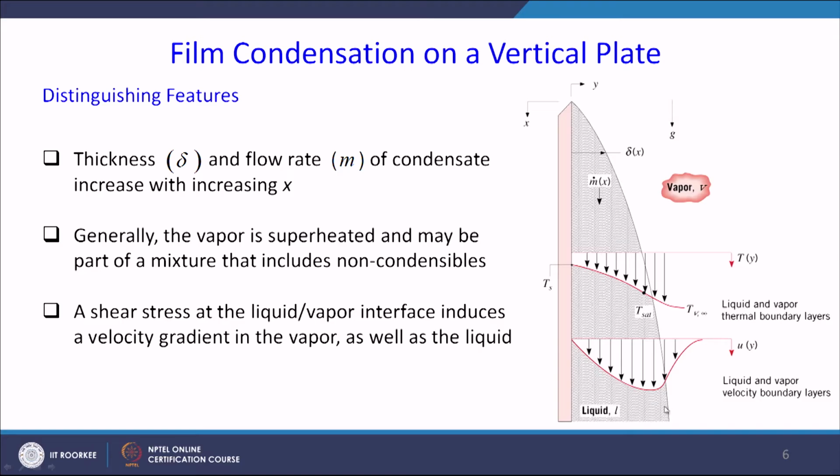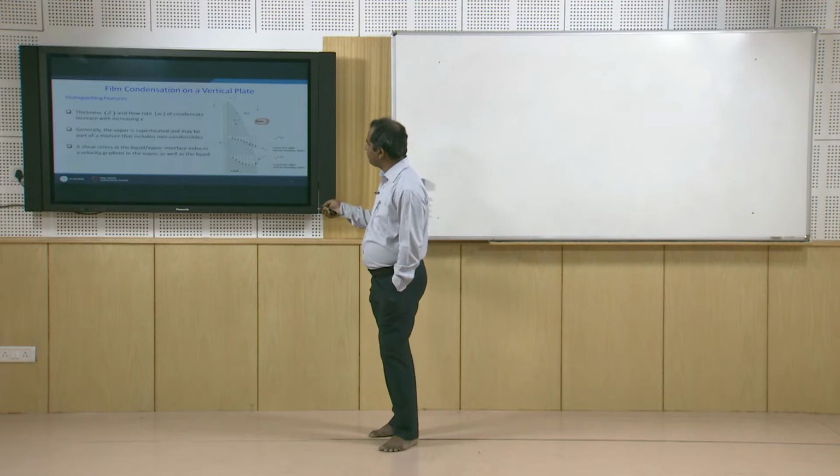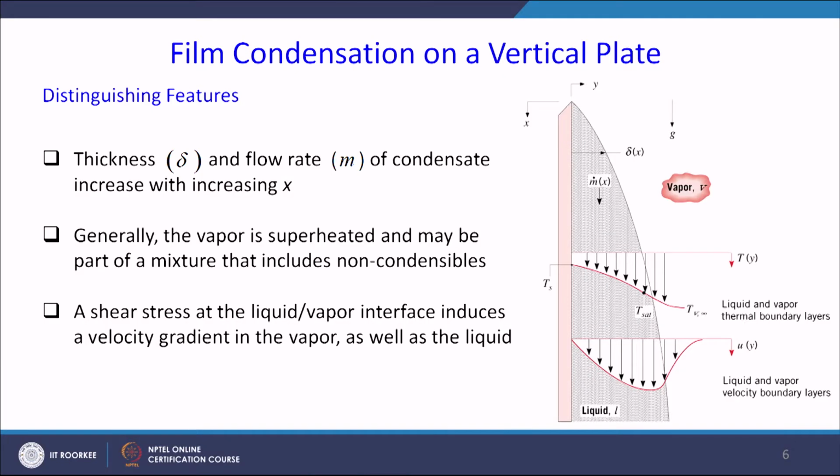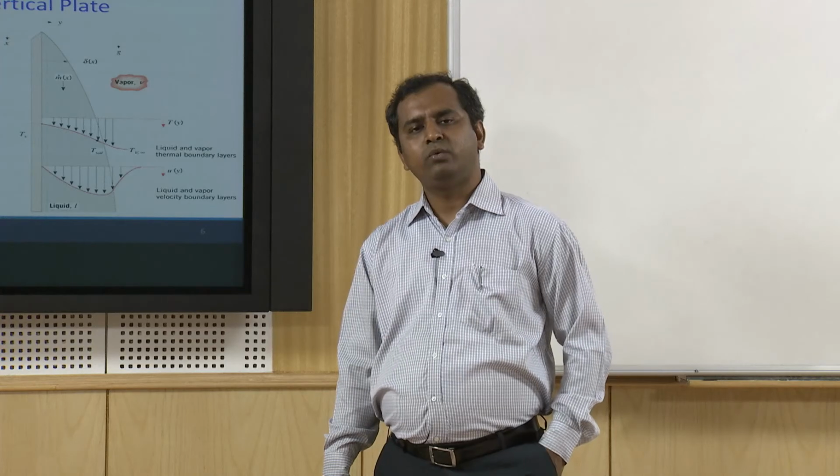At the interface, due to inertia, the liquid which is falling down carries some amount of gas along with it in the downward direction, and the velocity is continuous. There is no discontinuity of the velocity, so you will find something like this for the velocity profile. Interestingly, the highest velocity is somewhere inside the liquid film domain.